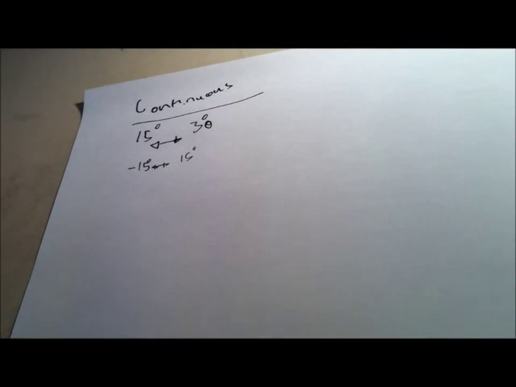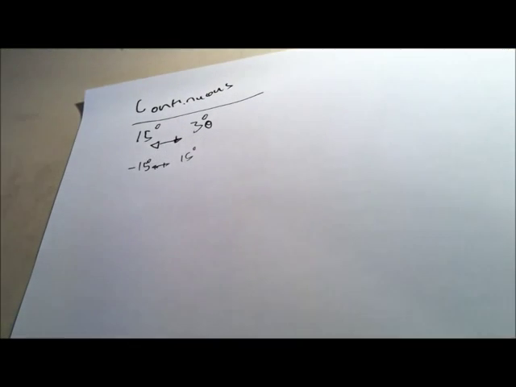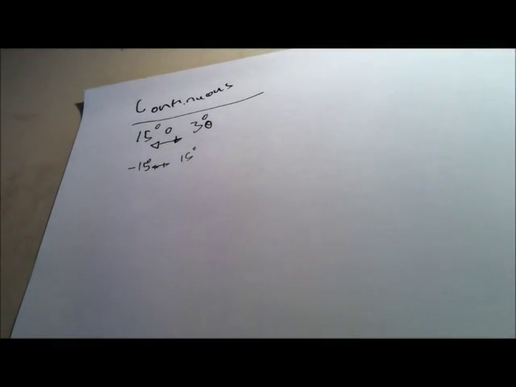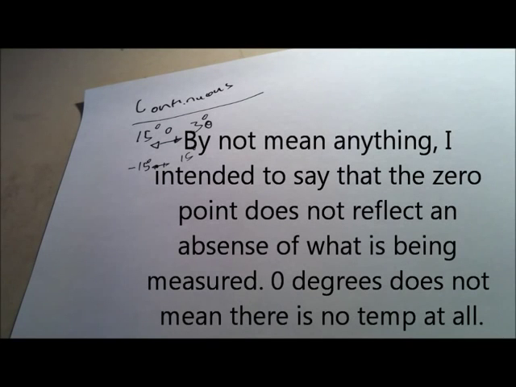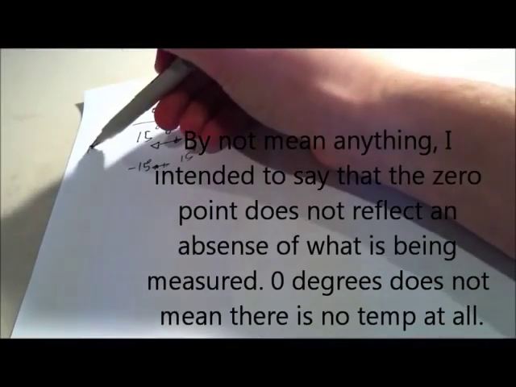You can't say that 30 degrees is 2 times 15 degrees. It's not twice as hot. It's just 15 units of measurement difference in temperature. And so the 0 point doesn't have any real meaning. It's a completely arbitrarily made number. It doesn't mean anything. So that's interval.